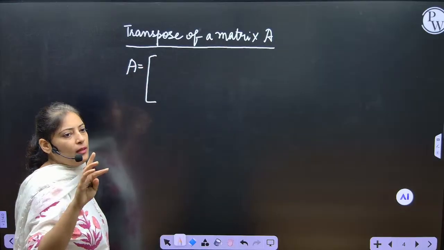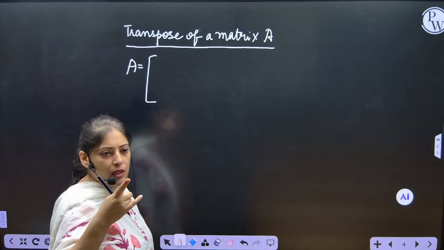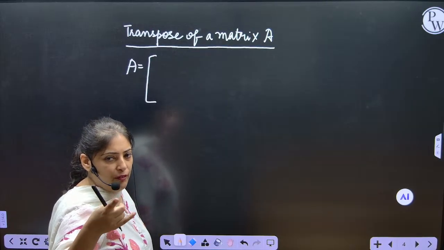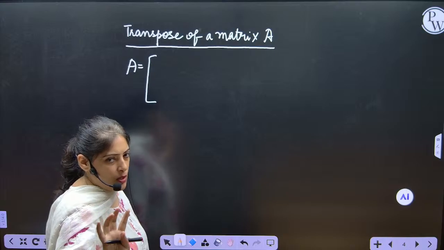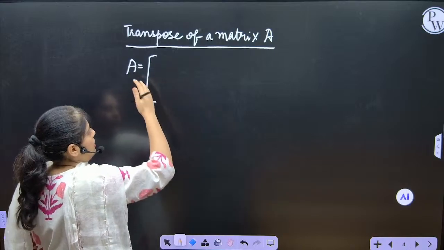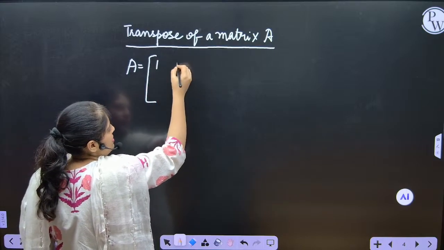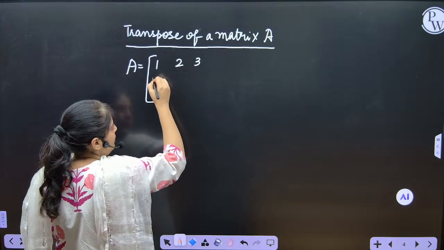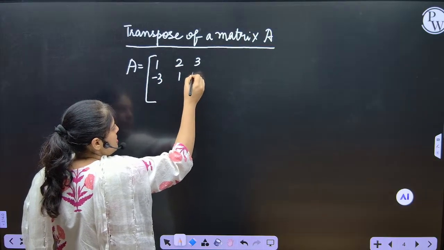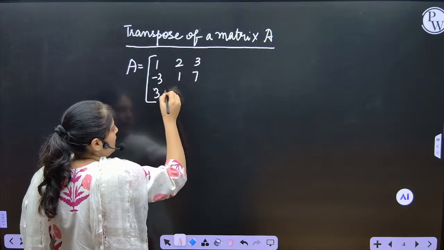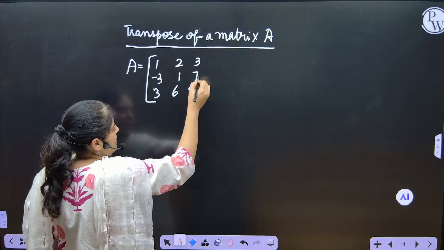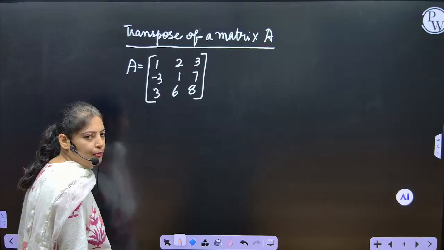Transpose is nothing but changing each row into the respective column. That's it. This is the only definition. Suppose one matrix is there: 1, 2, 3, minus 3, 1, 7, 3, 6, 8. Suppose this is the matrix.